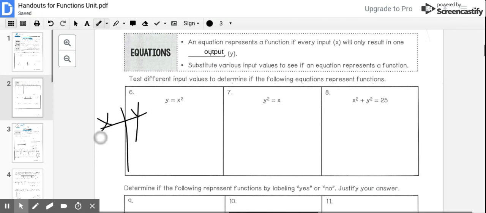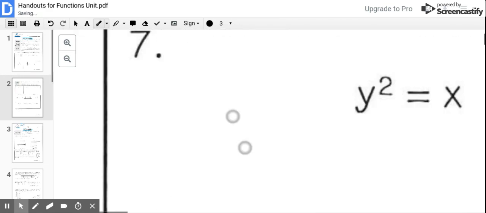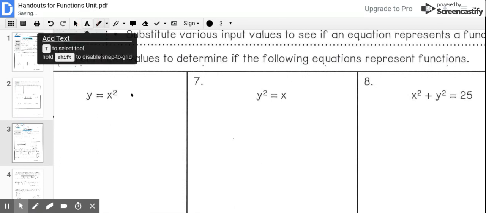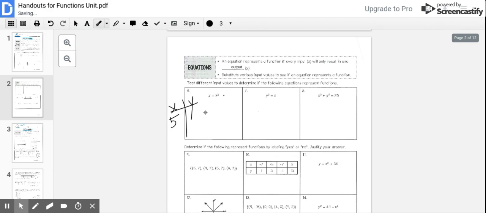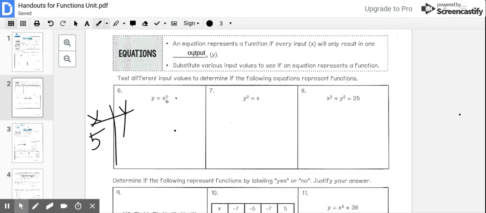If I say that x is 5, and I follow this rule, I put 5 in for x, so I do x squared, which is 25, then there's only one possible answer for y.